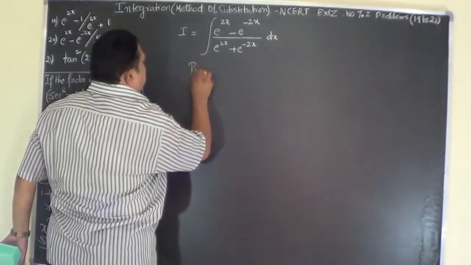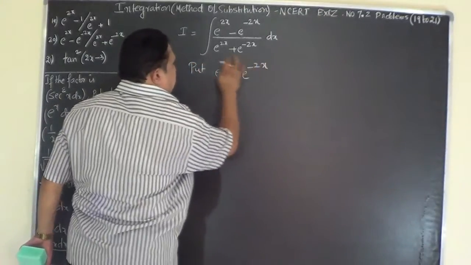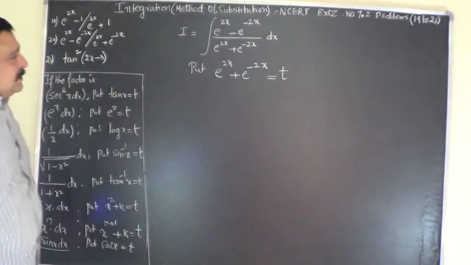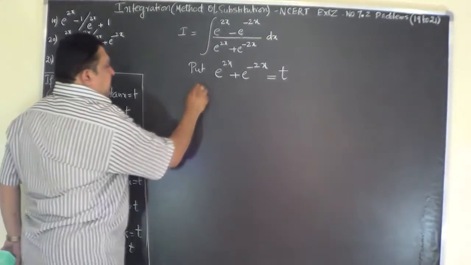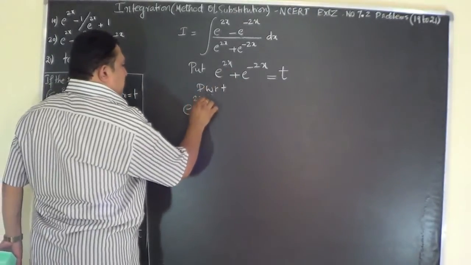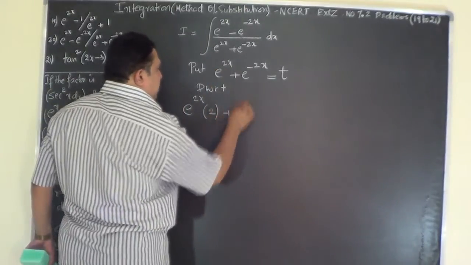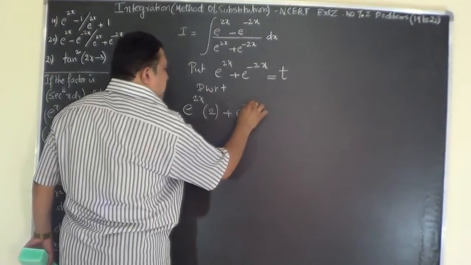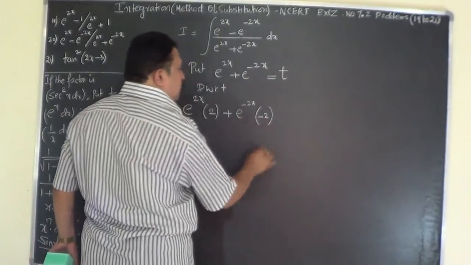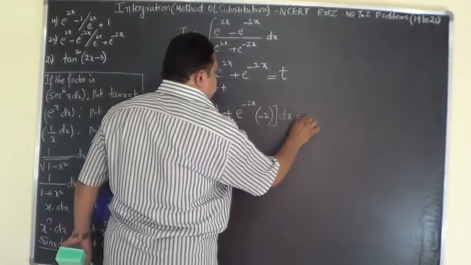That is, put e to the power of 2x plus e to the power of minus 2x, that is the denominator term, as t. Now differentiating with respect to x. The differential coefficient of e to the power of 2x is e to the power of 2x only, into the differential coefficient of 2x, which is 2, plus the differential coefficient of e to the power of minus 2x is e to the power of minus 2x only, into the differential coefficient of minus 2x, which is minus 2, into dx equals dt.